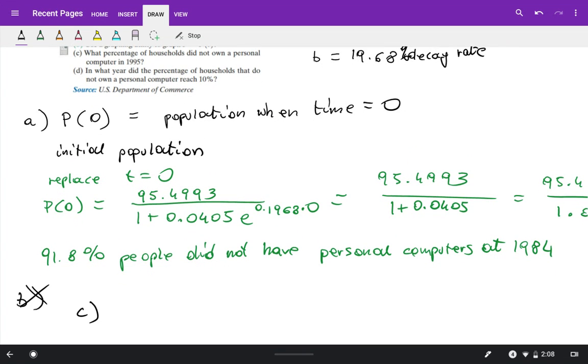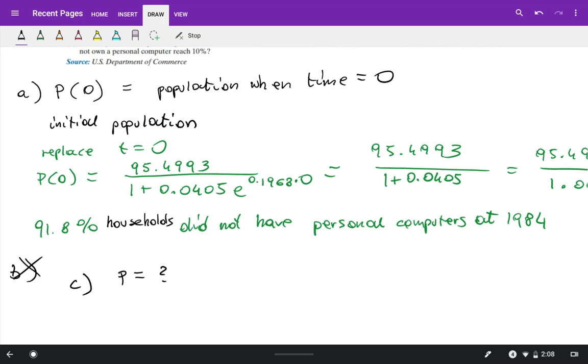So C: what percentage of households did not own a personal computer in 1995? Sorry, let me fix it, households. So here we're talking about the year 1995.